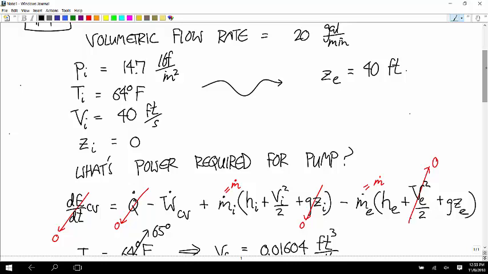We don't have anything telling us the pressure and the temperature at the exit. But with a pump, it's a reasonable assumption that you're pulling it in at atmospheric pressure and temperature, and you're spitting it out at atmospheric pressure and temperature. So in the absence of any more specific data, I'm going to use the pressure and temperature at the inlet and the exit.